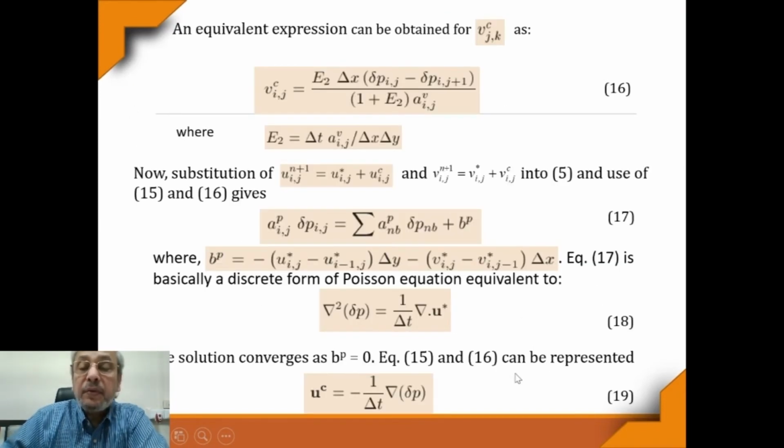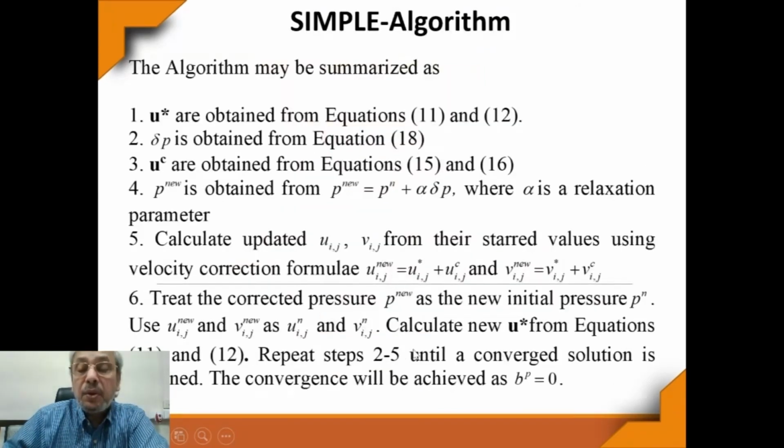That means effectively Bp is this term, so divergence of V at every cell will be 0. There will be no longer any pressure correction. So Bp equals 0, and this is how you get the velocity at the n plus 1th level, or it will not change anymore if you reach a steady state.